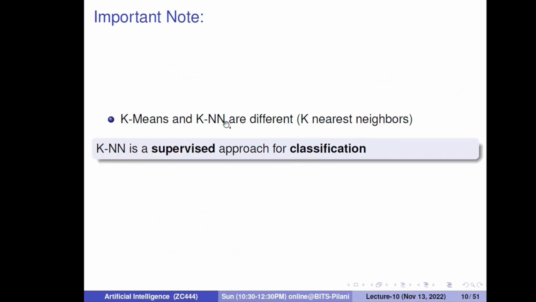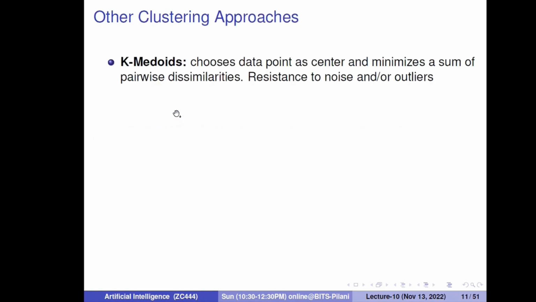A point of caution: there are two very important names. One is k-means and another is KNN. KNN we saw in the last class; that is a different algorithm. The k-means algorithm we are seeing here is for clustering. KNN is a supervised approach for classification, and k-means is a clustering approach that is unsupervised.